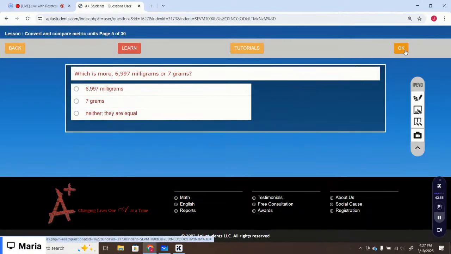Okay, which is more? 6,997 milligrams or 7 grams.